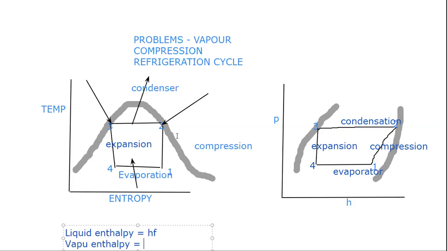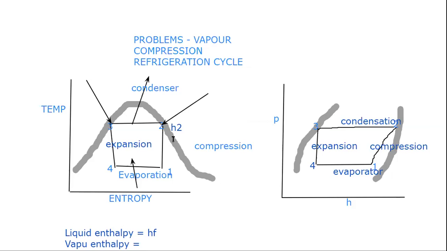Actually speaking, whatever is on the dry line will be represented as g. So it has to be hg2, but at the same time we can write it directly as h2, because h2 is nothing but hg2.